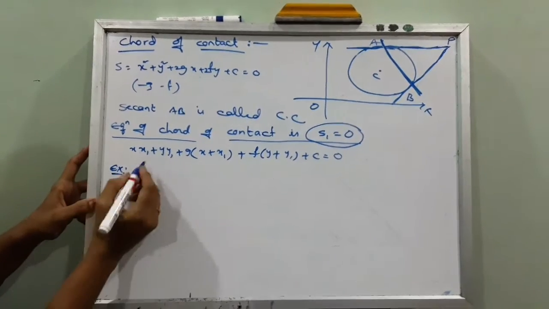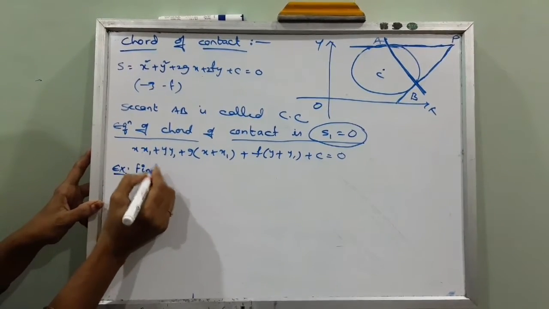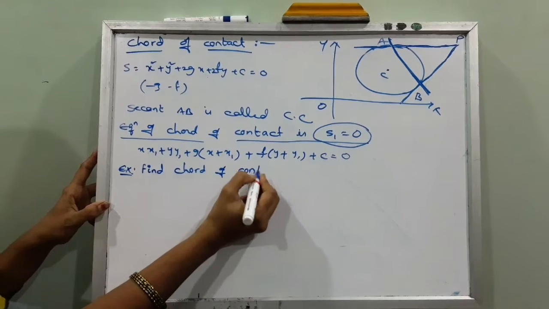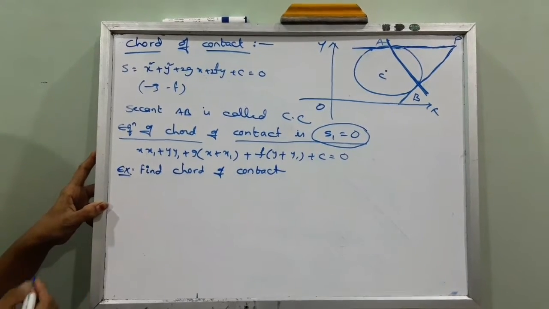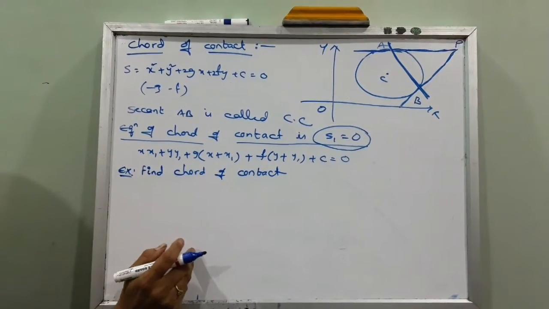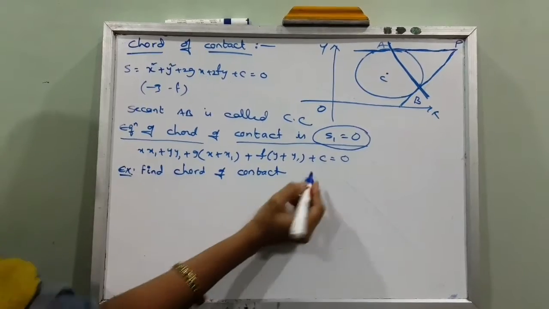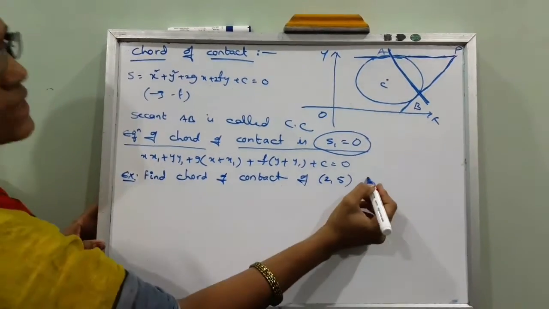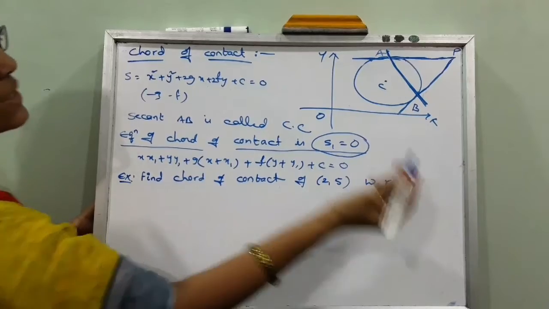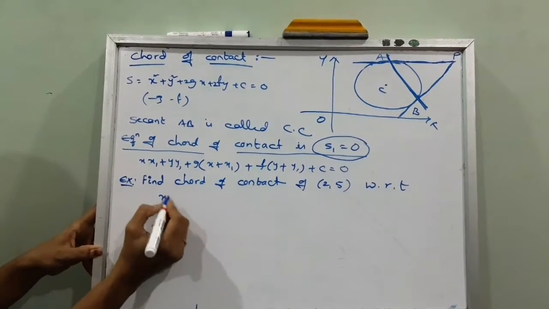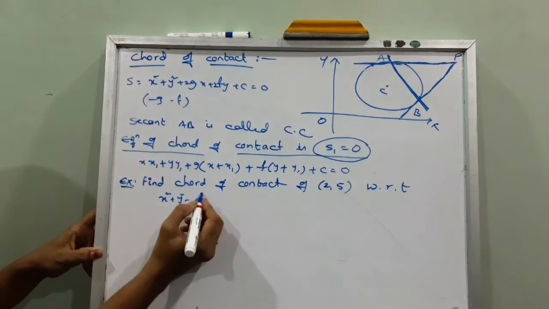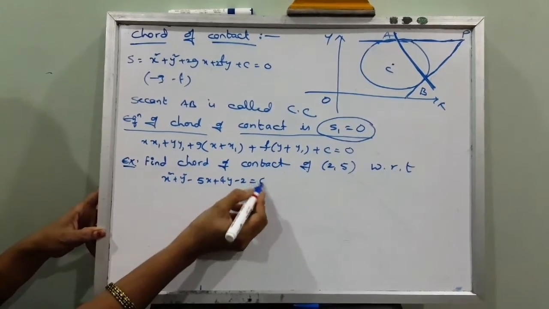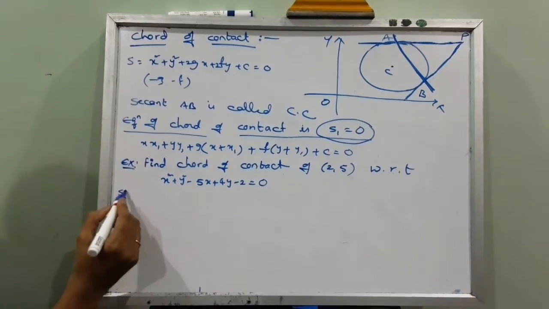Example on this. Find the chord of contact of the point (2, 5) with respect to the circle x square plus y square minus 5x plus 4y minus 2 is equal to 0.